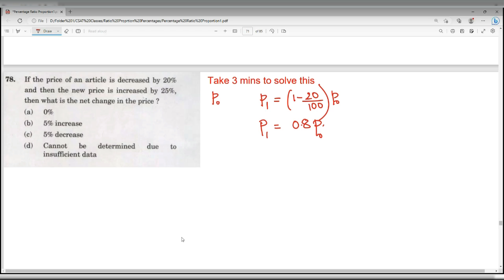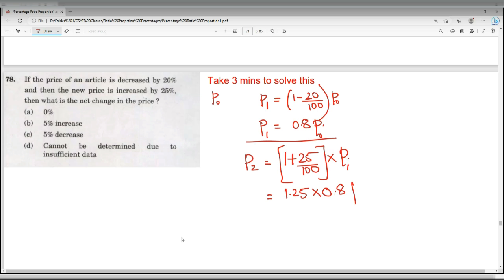And then the new price is increased by 25%. So P2 is equal to (1 plus 25 by 100) into P1. This is 1.25 into P1, and P1 is 0.8 into P0. So 1.25 into 0.8 into P0.